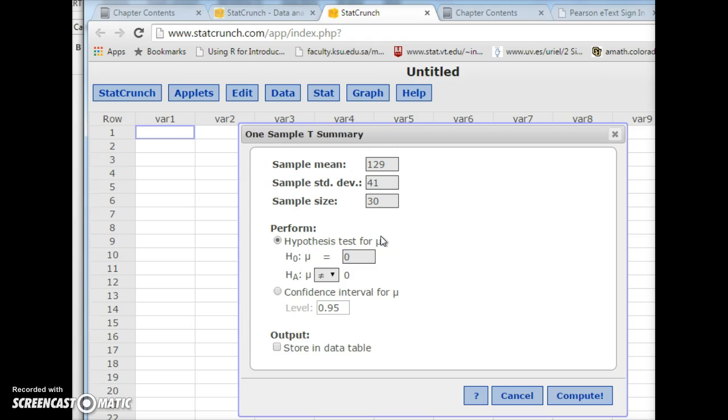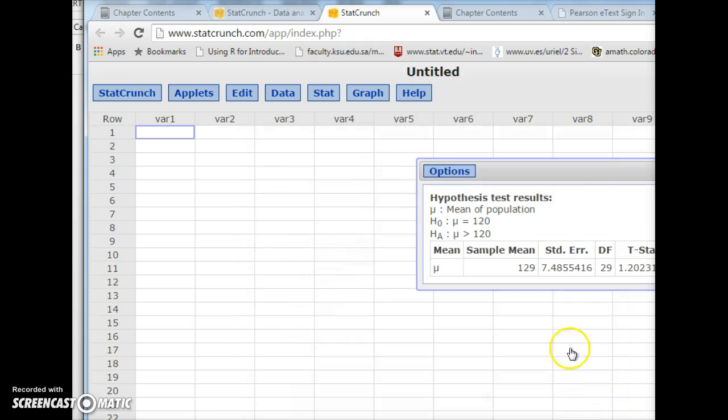We want to know if it exceeds the national average, which is 120. So that's greater than. 120 is the null, and the alternative is mu greater than 120. So we hit compute.